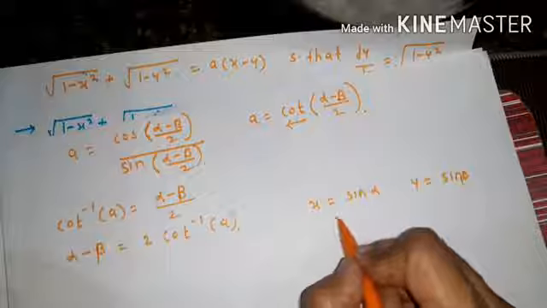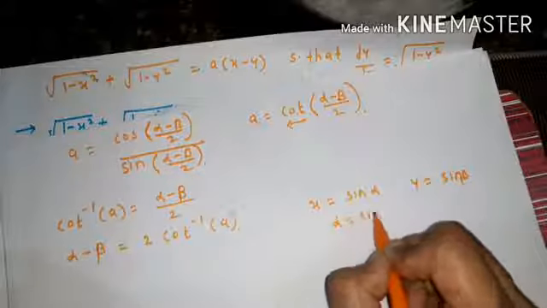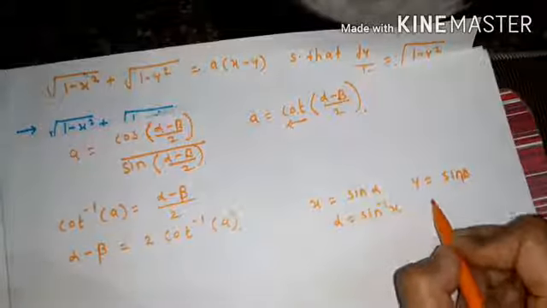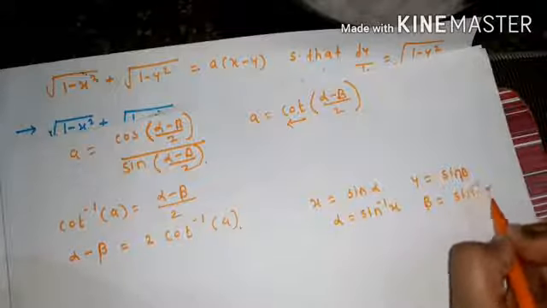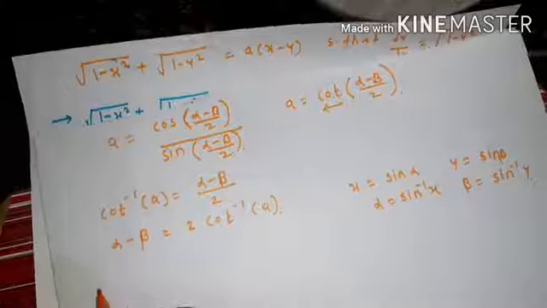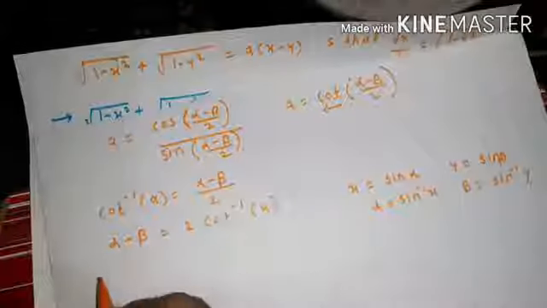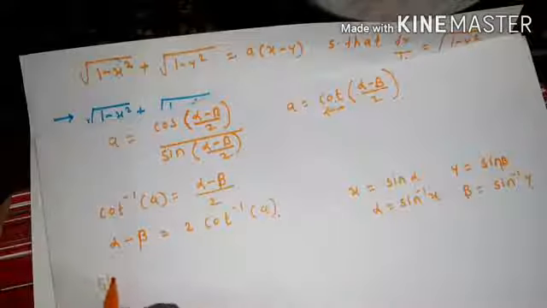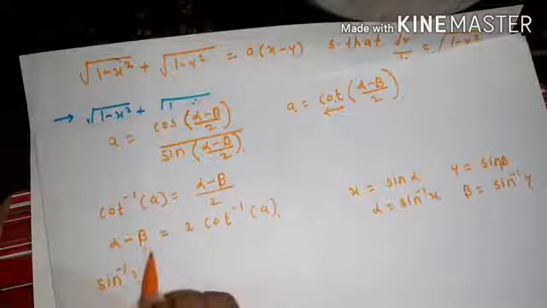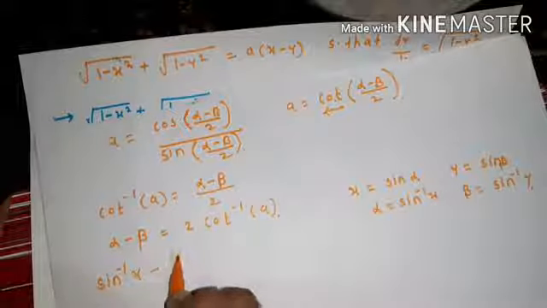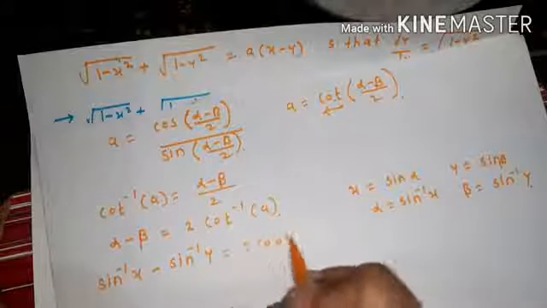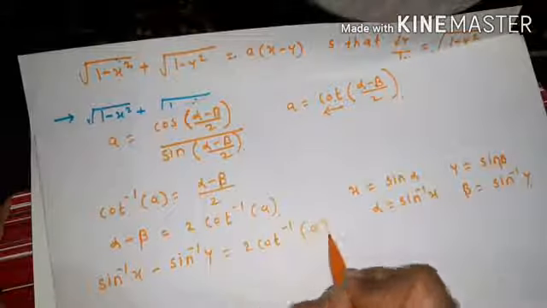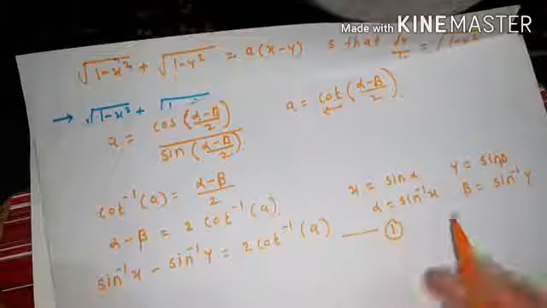We have substituted, and therefore alpha equal to sine inverse of x and beta equal to sine inverse of y. So putting the values here, we get sine inverse of x minus sine inverse of y equal to 2 into cot inverse of a. This is the simplification.